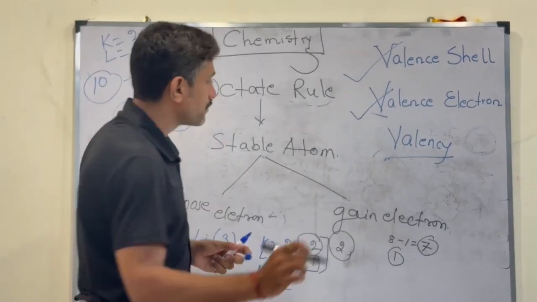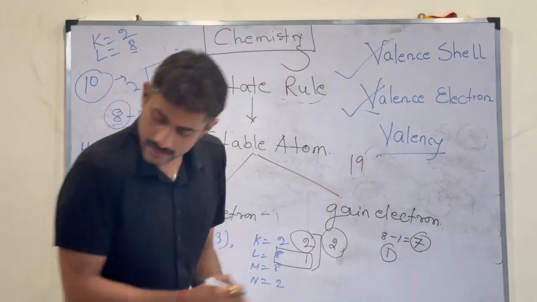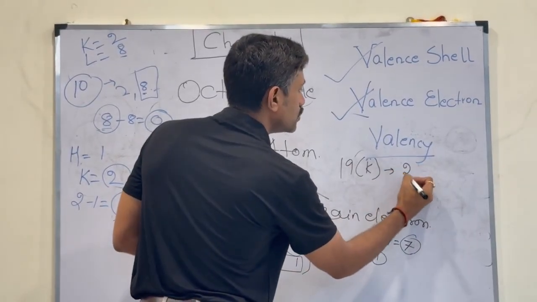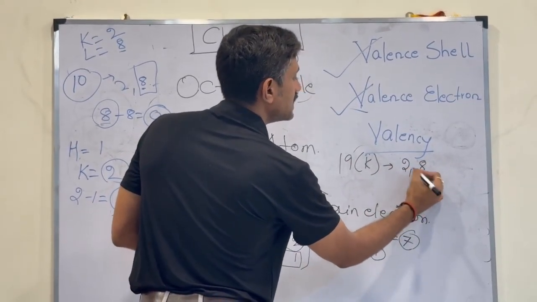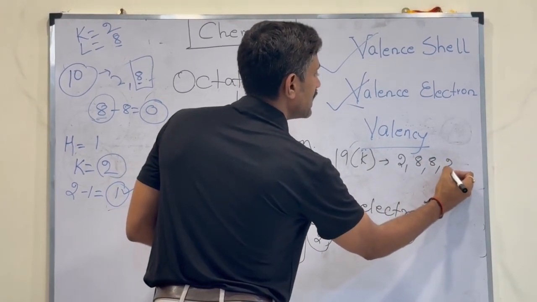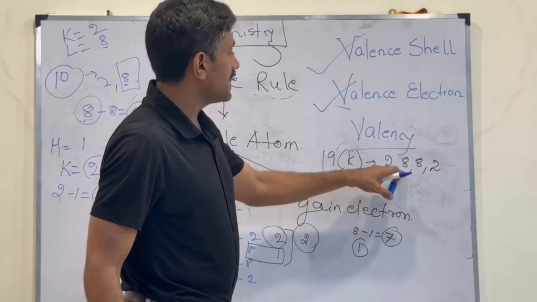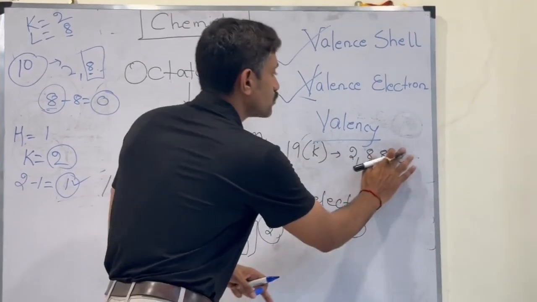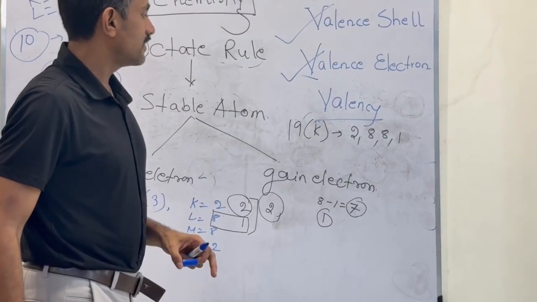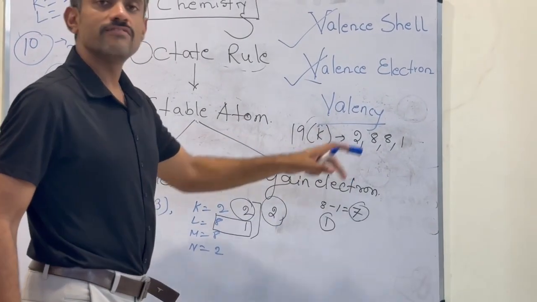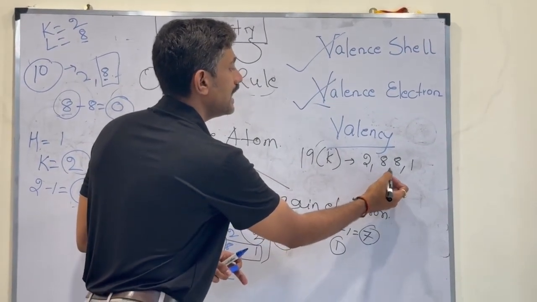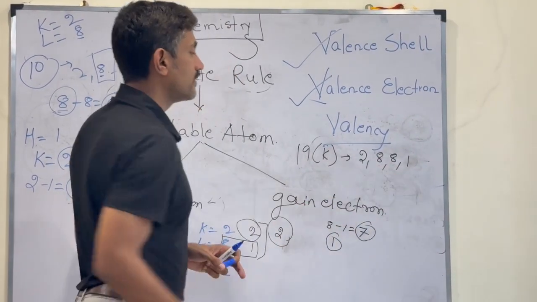For example, potassium. Potassium is 19. So let's do that one: 2, 8, 8, 1.